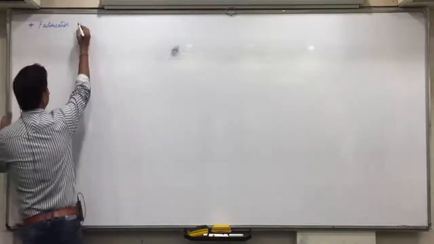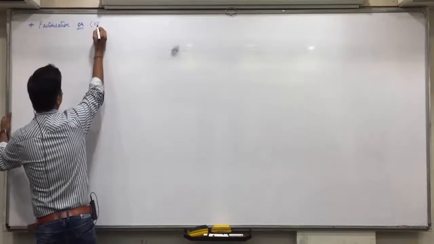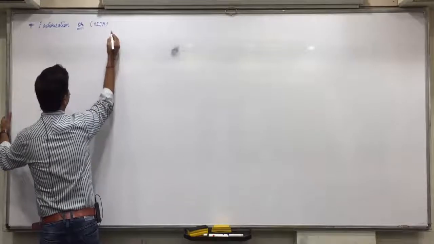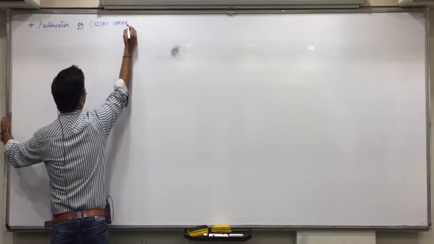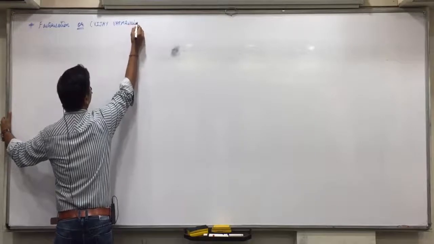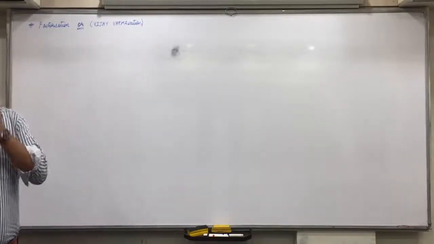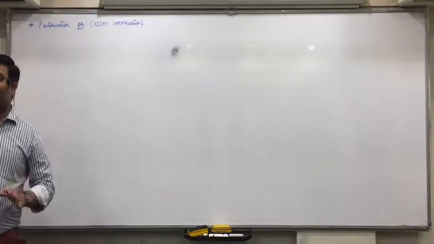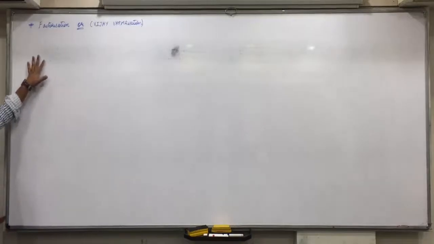So I'll give you a substitute method of doing this, which is called the verbalization method. So that method we will understand, and then I'll leave it to you whether you want to do it with factorization or verbalization.